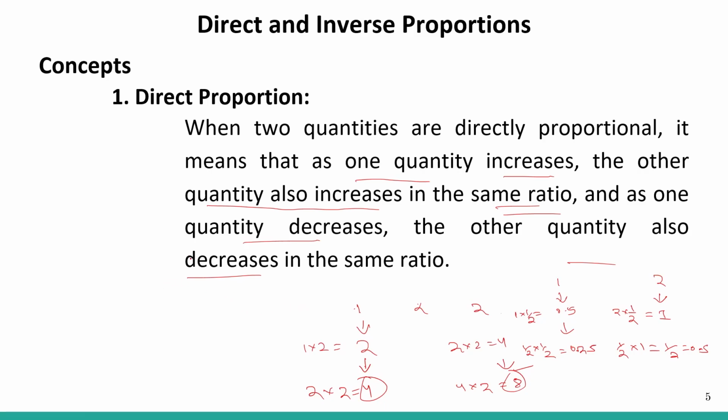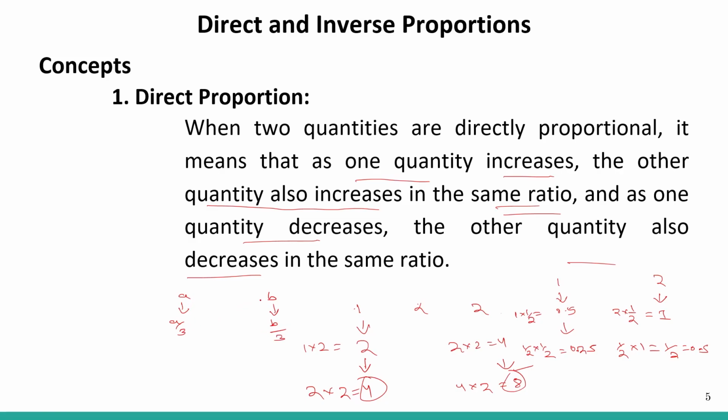Let's take another example. Say you have a and b, some abstract constant quantities. Let's say a became a by 3. Then b will become b by 3.